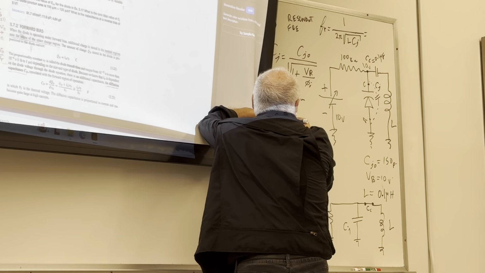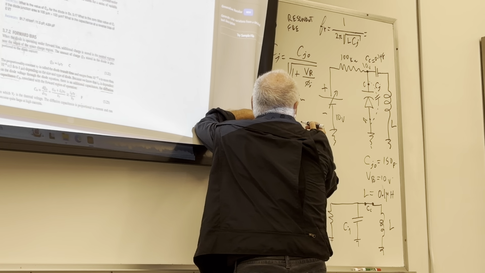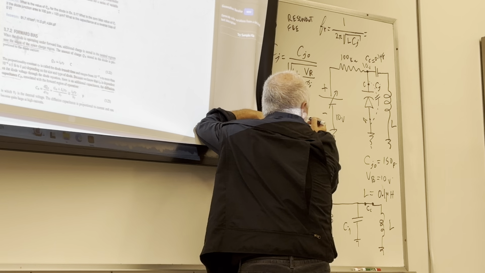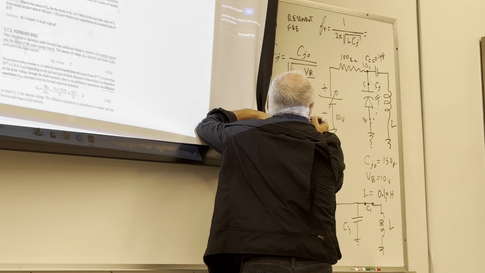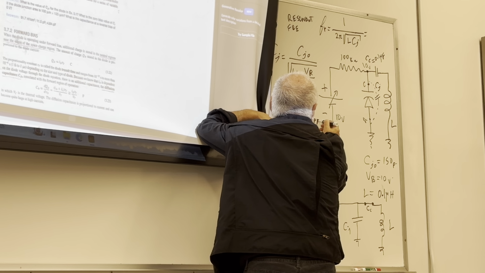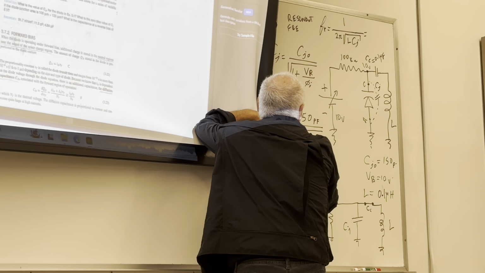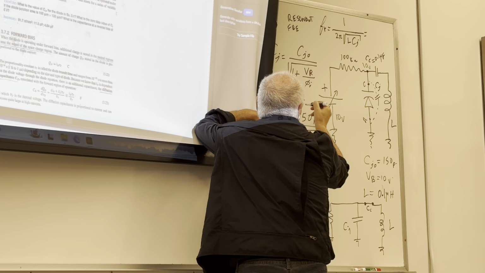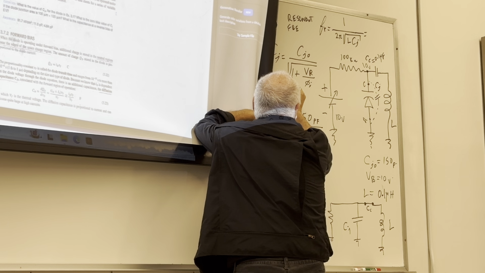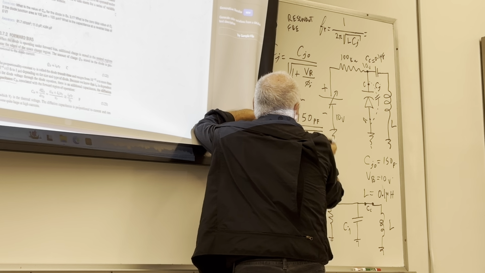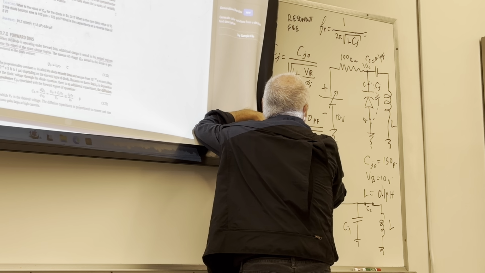So Cj will become equal to 150 picofarad over radical 1 plus VR, which is equal to 10 volt, 1 plus 20.